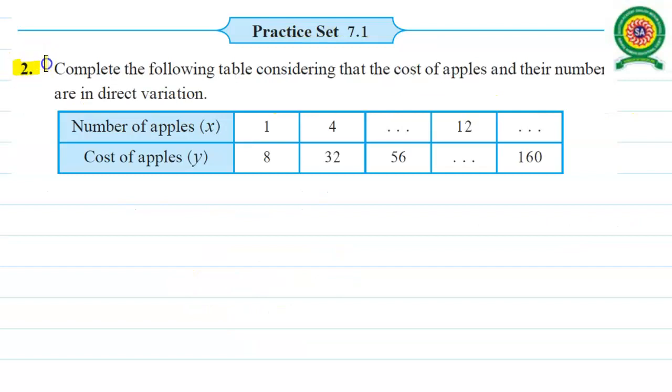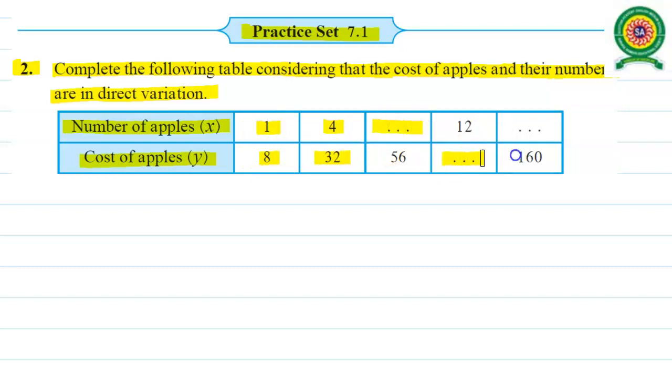Look at question number 2 from practice set 7.1. Complete the following table considering that the cost of apples and their number are in direct variation. Now we have given in the first row of the table number of apples, call it X, cost of apples, call it Y. We have one apple costs 8 rupees, 4 apples cost 32 rupees, and so on.